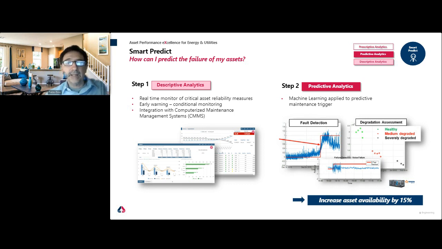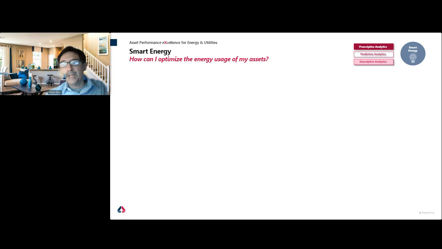Other kind of question we can ask, this is an interesting use case, is how can I optimize the energy usage of my asset?